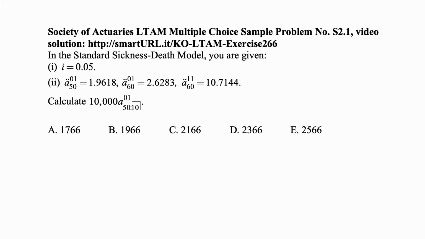Calculate 10,000 a_{50:10}^{01}, which is a temporary life annuity paid only for up to 10 years for this 50-year-old, starting out in state 0, paid only while the person is in state 1, and this is an annuity immediate, not an annuity due. And of course, it's multiplied by 10,000.